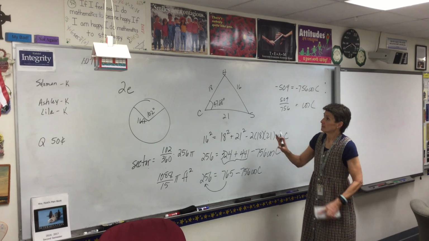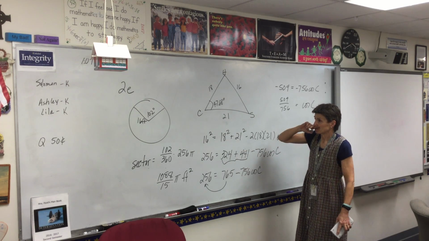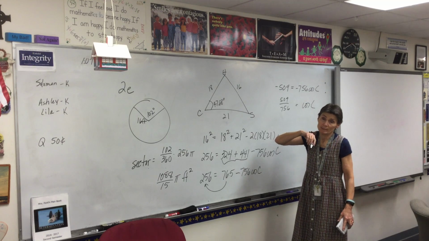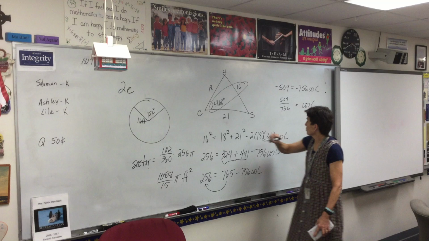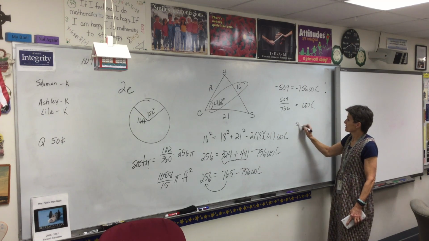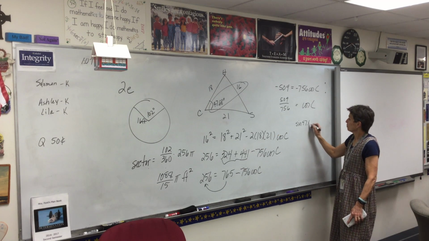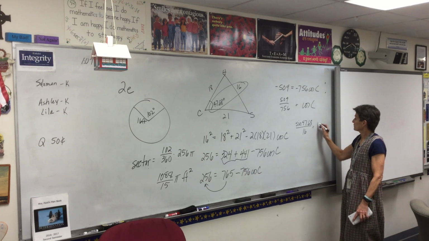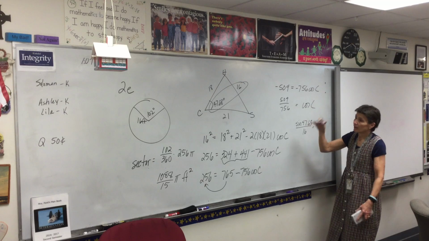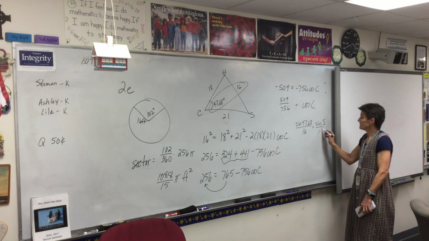Now you're not done. We've got to find the other two angles. But now at least you have some choices. Now you do have a pair. So if you want to, you can say sine 47.68 over 16 equals sine S over 18.